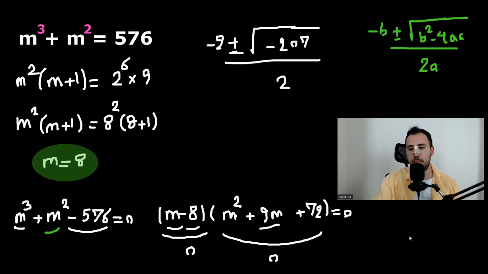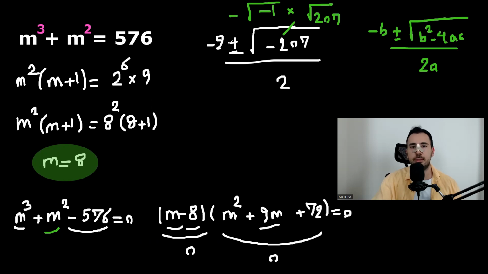This one, remember, I could write as -1 multiplied by the square root of, -1 multiplied by 207. This square root of -1, we're going to call it i, right? This is i.